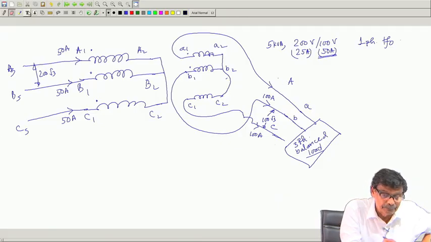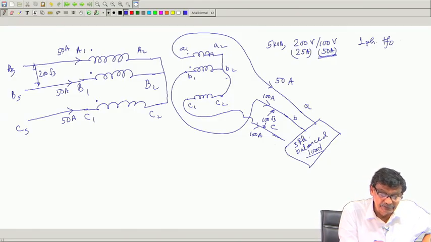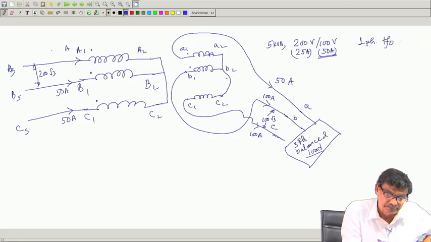So, the rated current on the LV side is 50, and if it is 50 it will be 25 on the HV side, thank you for pointing this out. Please correct that. So, this is 25, this is also 25, this is also 25 ampere.